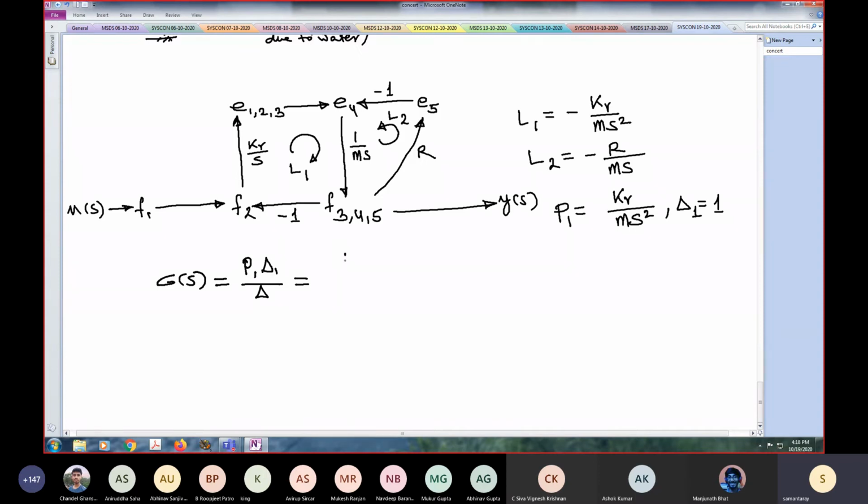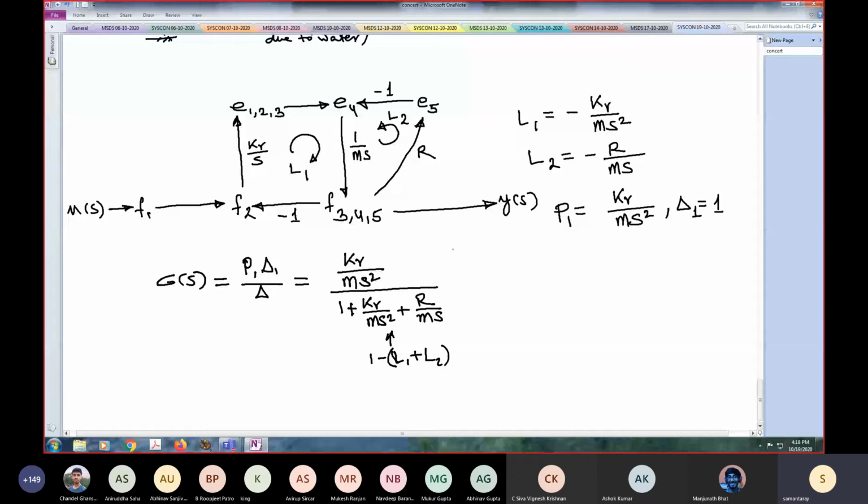So that is Kr by ms square divided by 1 minus (L1 plus L2). So this is 1 plus Kr by ms square plus R by ms. No non-touching loops are there.